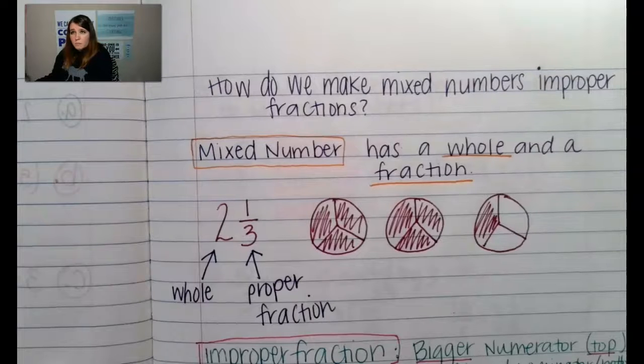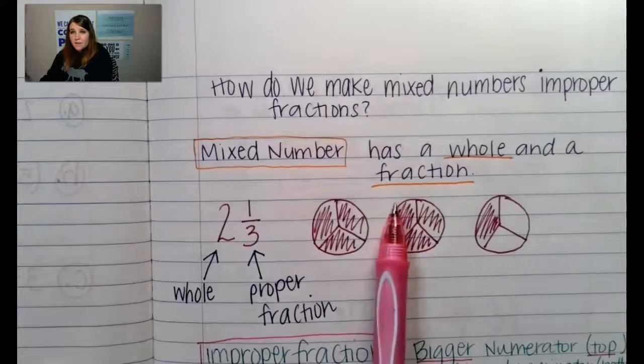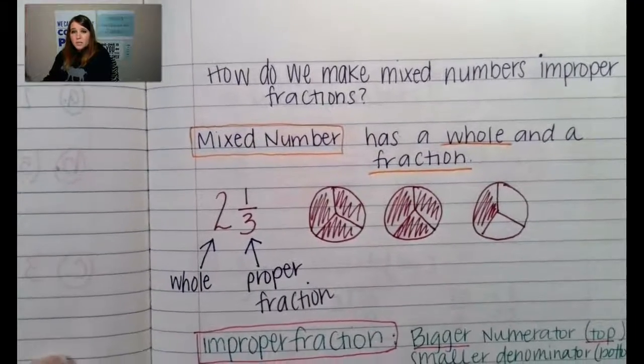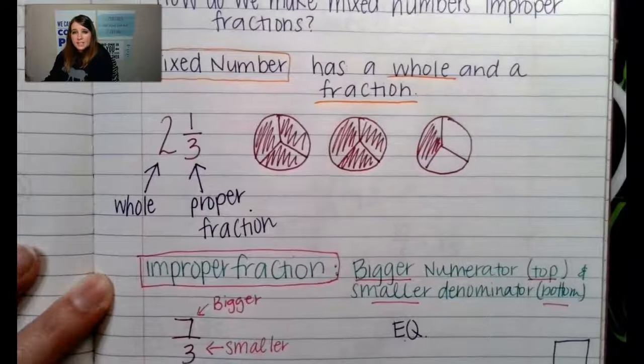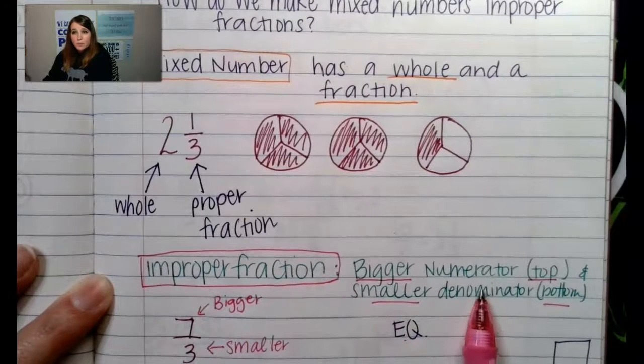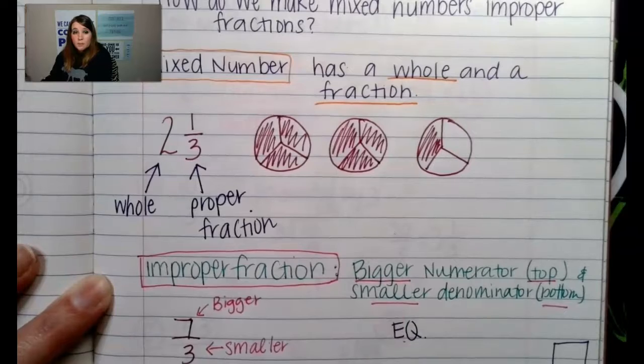Okay, well, we know that a mixed number has a whole and a fraction, and we know that an improper fraction has a bigger number, the numerator, on the top, and the smaller number on the bottom.